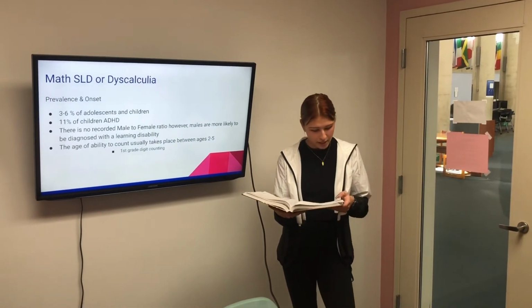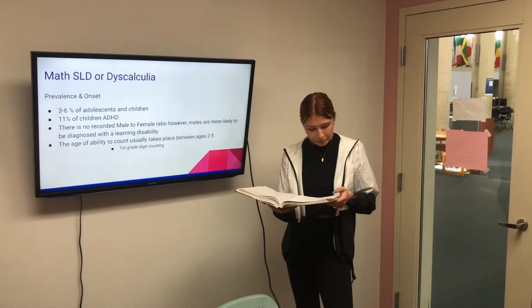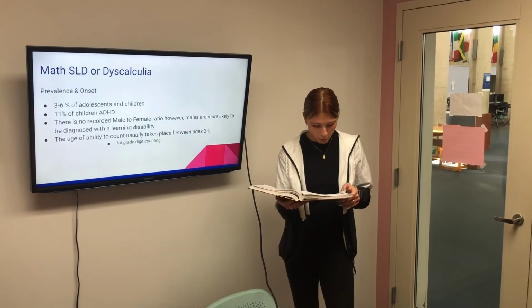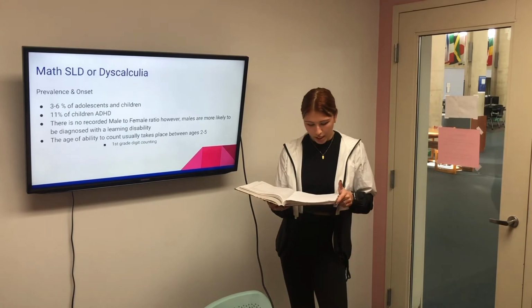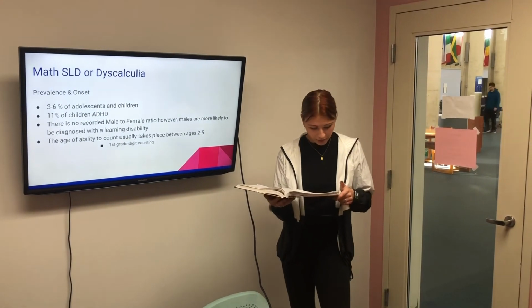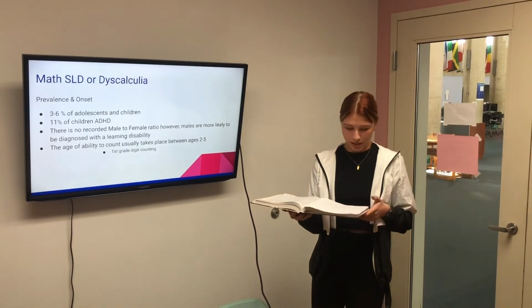There are several different types of counting and calculation errors. There's one-to-one correspondence, which is one number assigned to each object. There's stable order: numbers are counted in a specific order. Cardinality: the last number stated reflects the quantity of items counted.